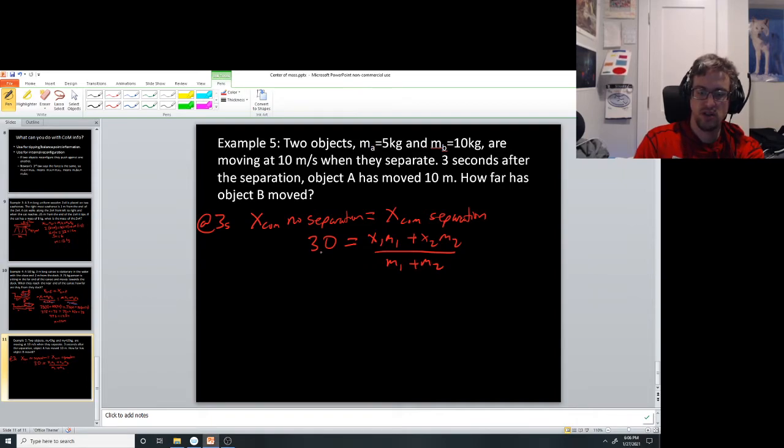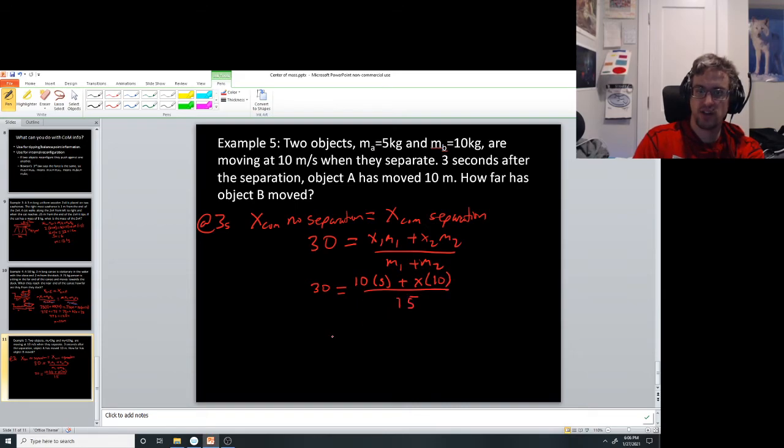So 30 equals x1 is at 10 times 5 plus 10, we'll make it x, which is the unknown location, times 10, all divided by 15.